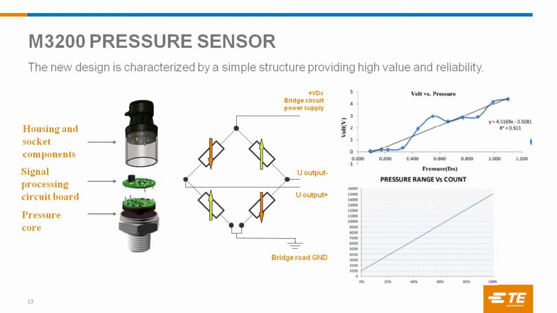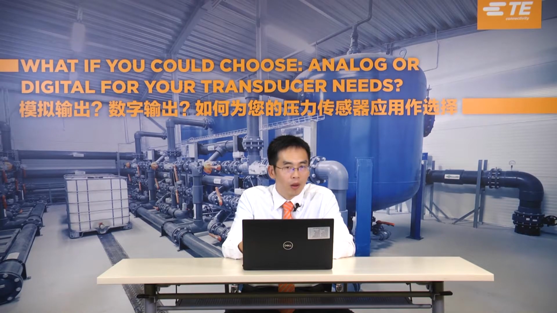You can have the option to choose analog output and digital output from the same platform. That is very convenient for the customers to do the same form-fit-function design, but with flexible output signal.